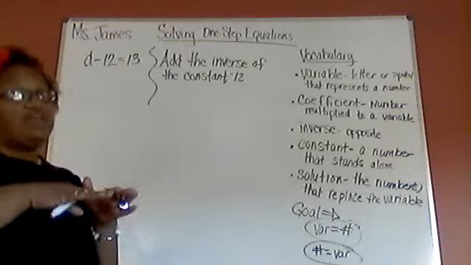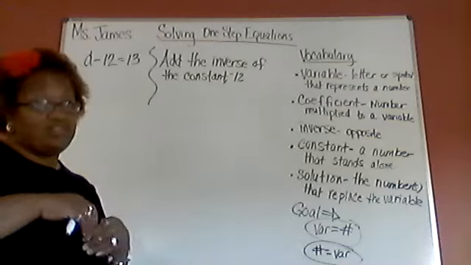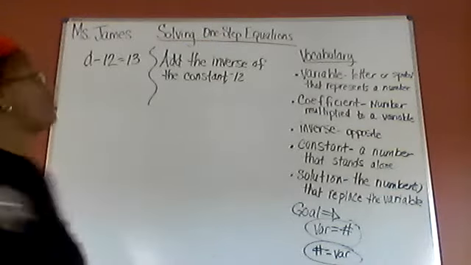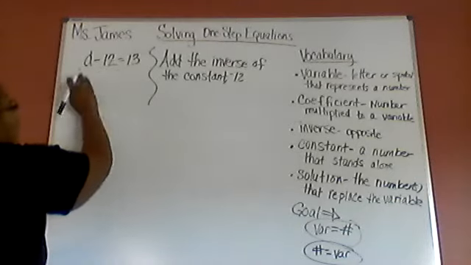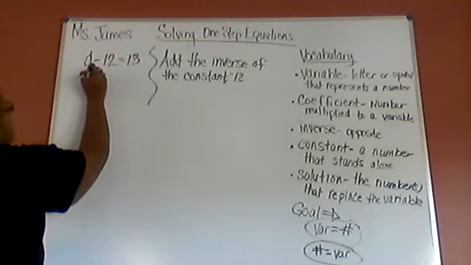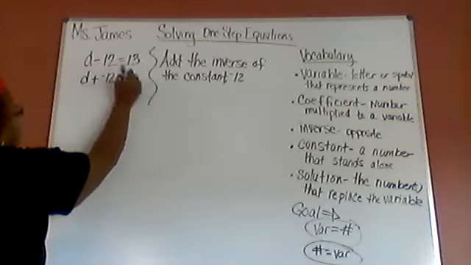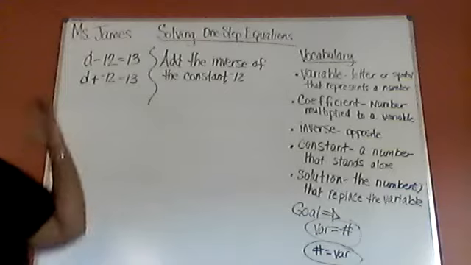If that doesn't make sense to you, then make sure you look at my video on adding integers. Okay? So here, this problem would be d minus 12, but in actuality, it is d plus negative 12 equals 13.